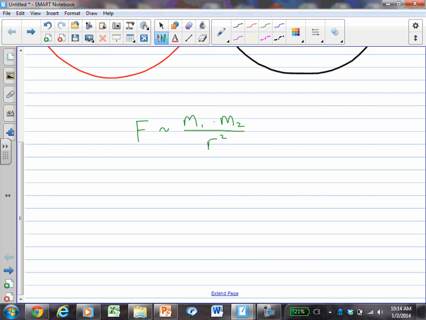So we need to have a constant to make this work, and this gives us the universal law of gravitation, which has big G, a constant, times m1 times m2 over r squared, and it looks like that.